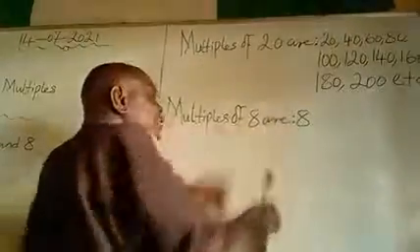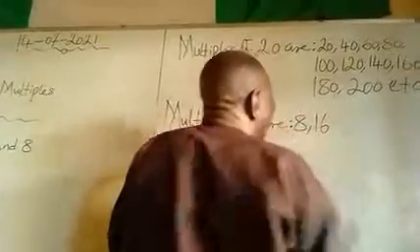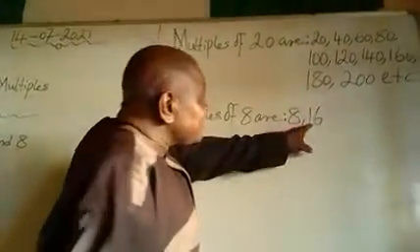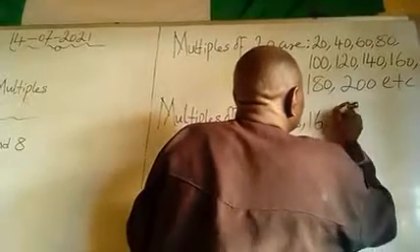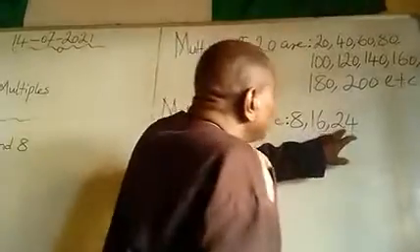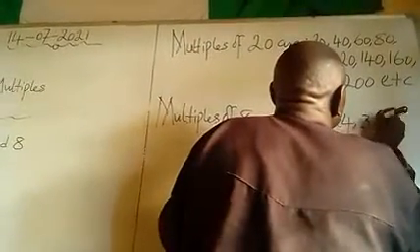When you add 8 to this 8, you have 16. When you add 8 to this 16, you have 24. When you add 8 to this 24, you have 32.